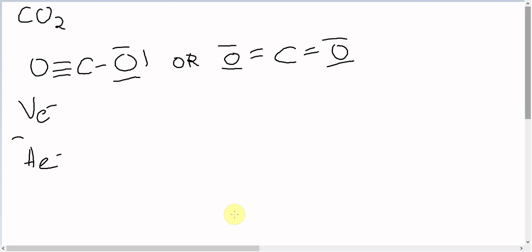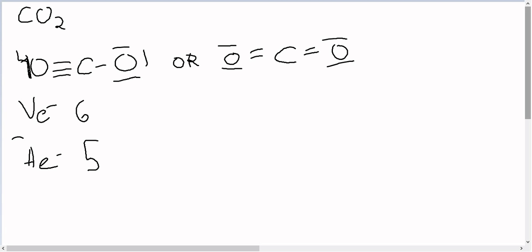So in the first compound, right here, the oxygen has 6 valence electrons, and it has 5 assigned electrons. So 6 minus 5, oops, sorry, I forgot to draw in the extra 2, but 6 minus 5.